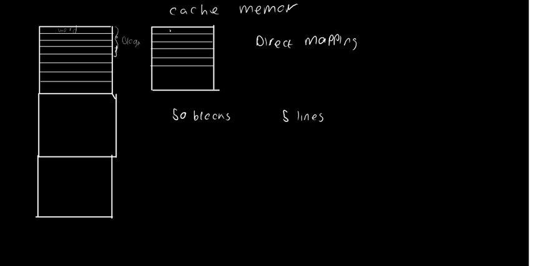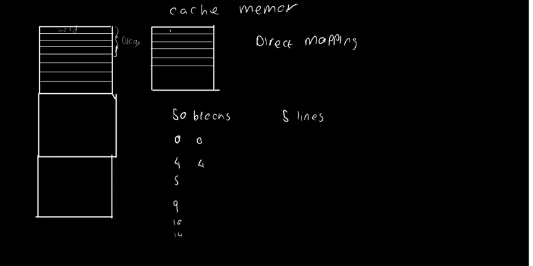Blocks 0 up to 4 will fit in lines 0 up to 4 as well, right? But if we start looking at other blocks, let's say 5 to 9, 10 to 14, how can they sit in there? Well, we put them in our cache in more of a round robin manner.